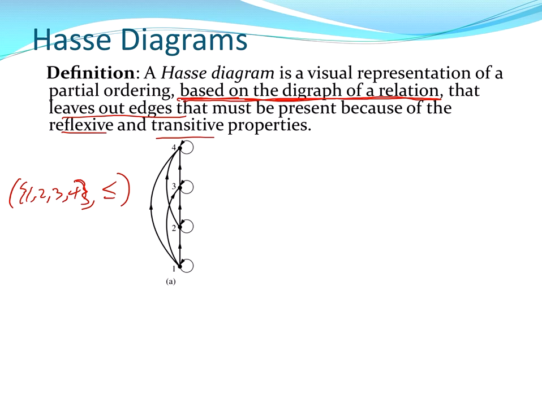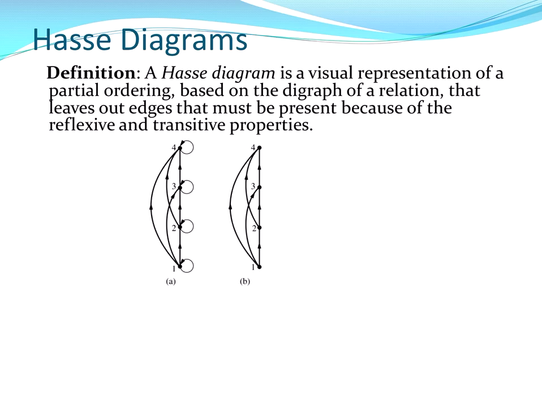There's the digraph for that, and if we remove all of the loops, we have a slightly more visually appealing representation. But we also want to remove the edges due to transitivity, and here in C we have a Hasse diagram.